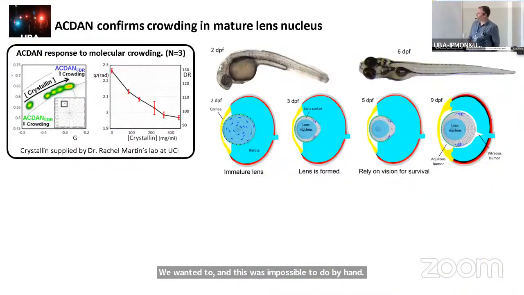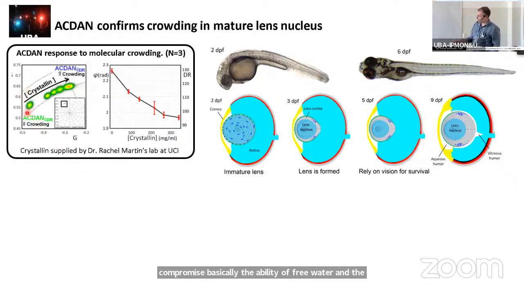So the first thing that we need to test is, well, how was the response of ACDAN to the crowding, right? And crowding means the increased amount of proteins, which basically compromises the availability of free water. And the most important protein in the lens is the crystallin.